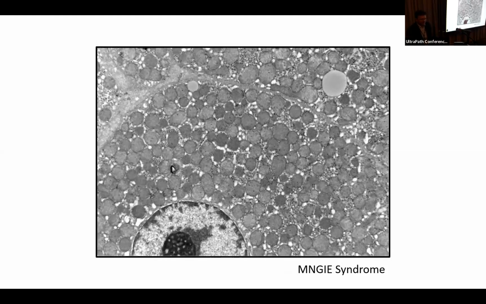Mitochondria retain the capacity to increase in number to meet metabolic needs. And so if the mitochondria are functionally deficient, oftentimes they will just make more mitochondria that are also functionally deficient. In this case, this is from a hepatocyte from a patient with mitochondrial neurogastrointestinal encephalopathy syndrome, where they can proliferate.